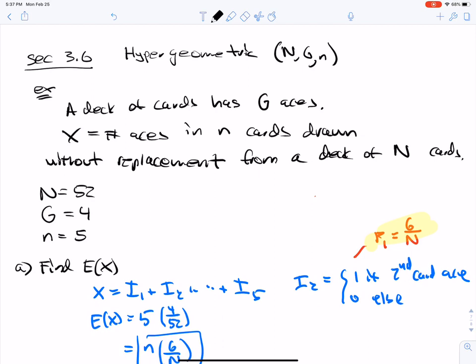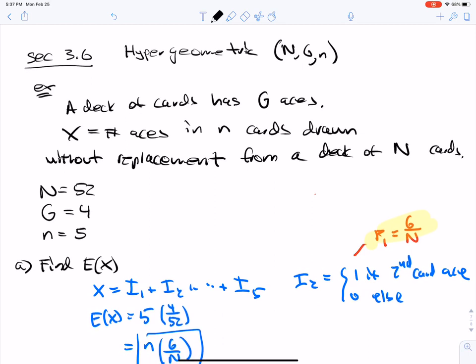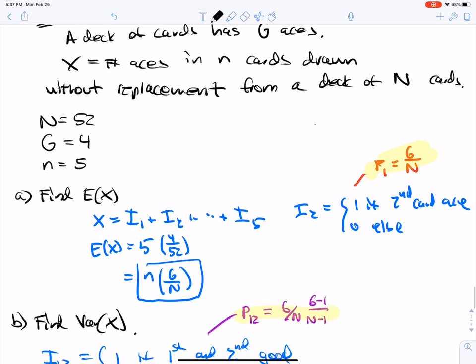Finally, hypergeometric. So this is another example of a sum of dependent trials. So a deck of cards has G aces. X is the number of aces in n cards drawn without replacement from a deck of capital N cards. So we could have, if it's a regular deck, N is 52, G is 4, n is 5.